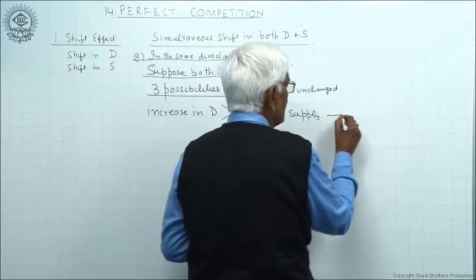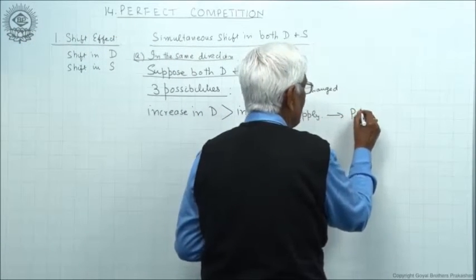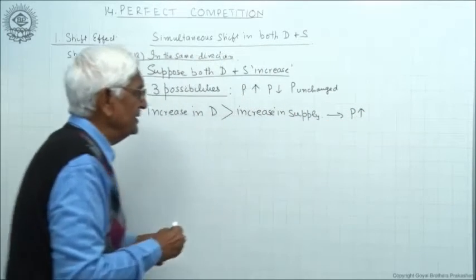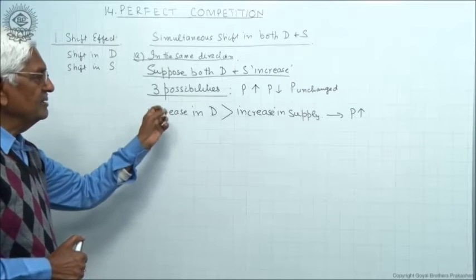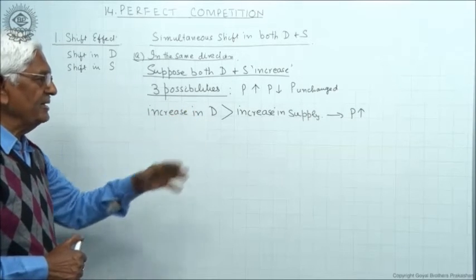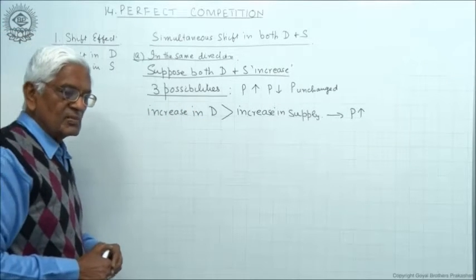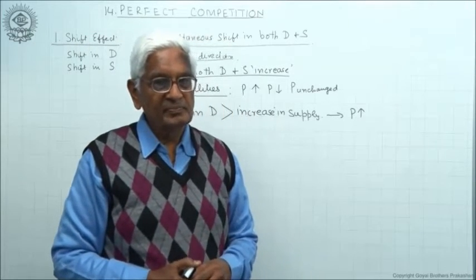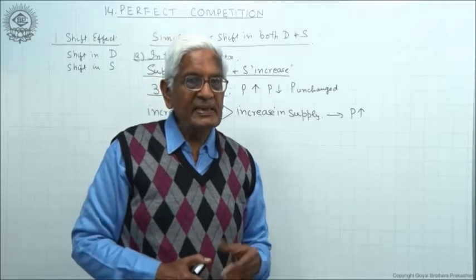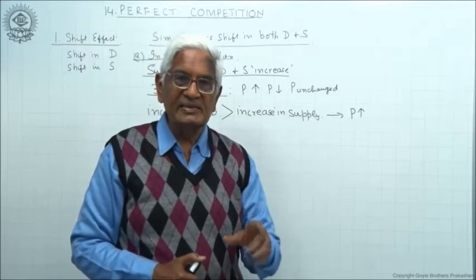In that case, price rises, कीमत बढ़ जाती है. क्लियर है? डिमांड ज़्यादा बढ़ी, सप्लाई कम बढ़ी, तो there will be excess demand, ultimately leading to rise in price.